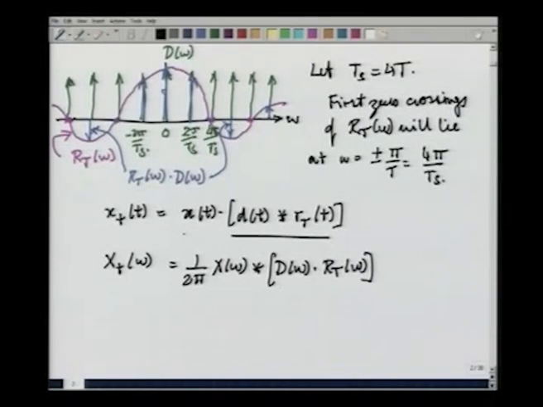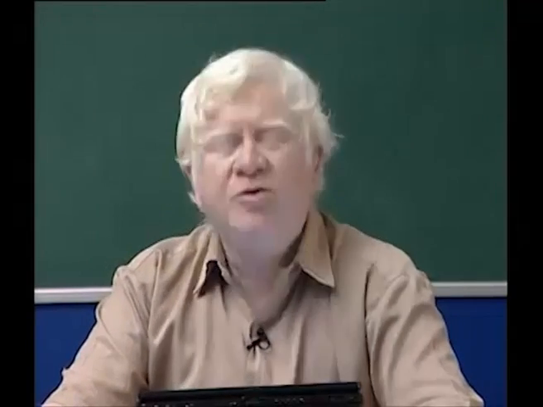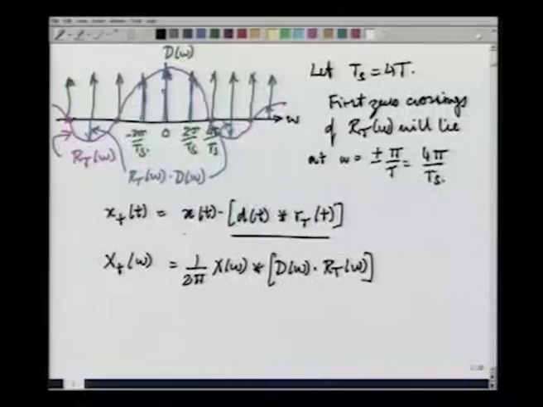D omega multiplied by RT of omega is already here in the form of these blue impulses. This has to be convolved with x omega. That means, at each impulse of d omega multiplied by RT of omega, you create a shifted copy of x omega, scaled by the appropriate height of the pulse.